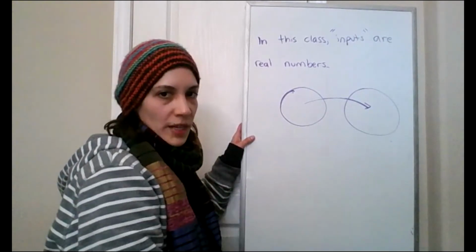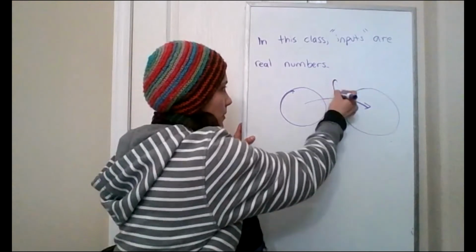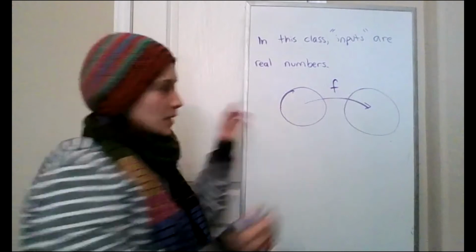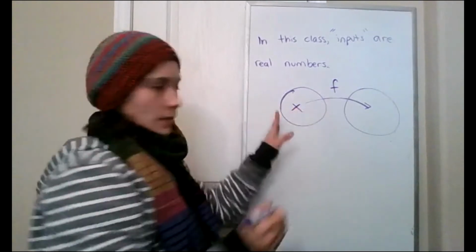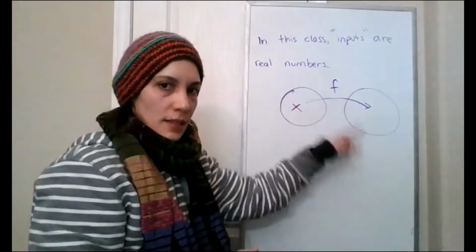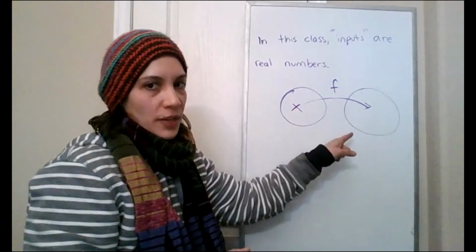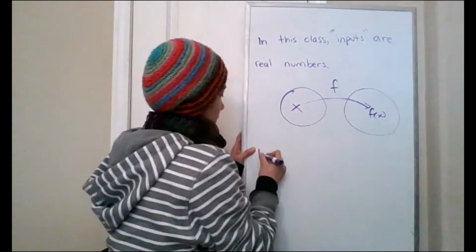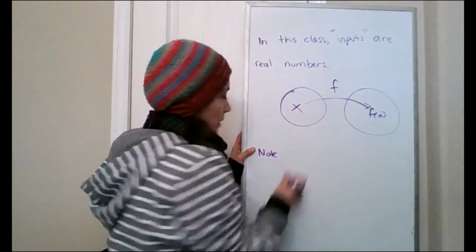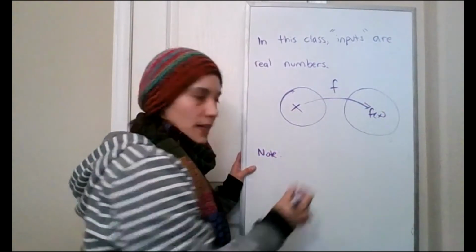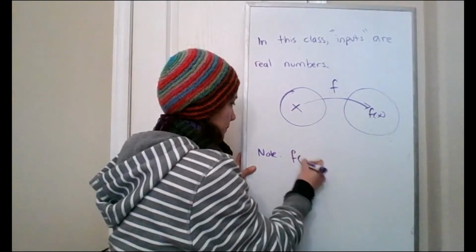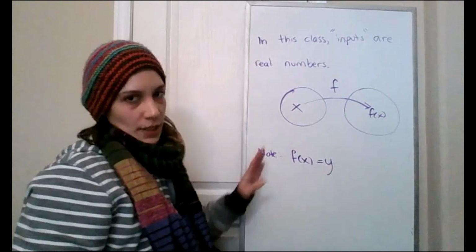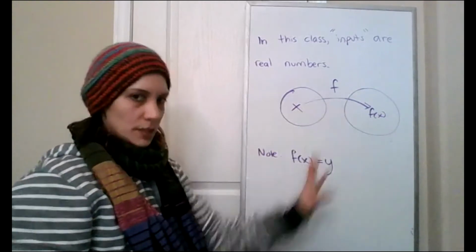It's usually some kind of lowercase letter, like lowercase f. Your function takes some input, which we like to call x, and f maps x to the output we call f of x. We also like to call f of x y. It all looks kind of confusing, but this is what's going on.